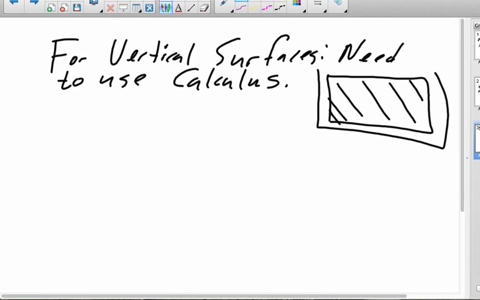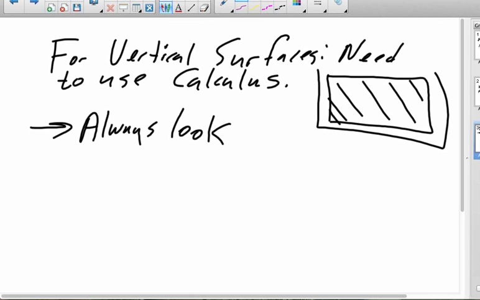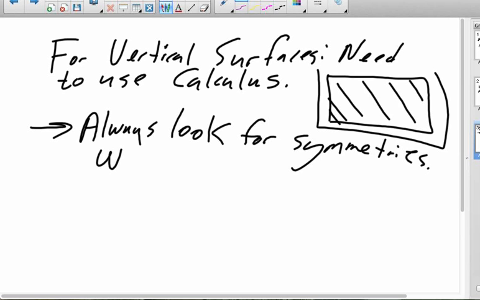Now, when you deal with vertical surfaces, very important, always look for symmetries. Now we're going to be dealing also with things where our weight density is going to be constant.